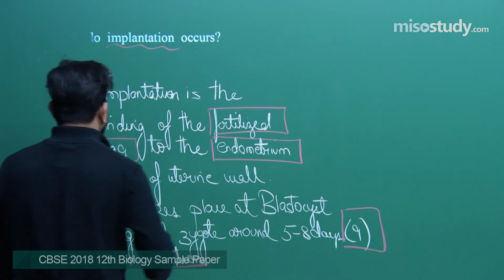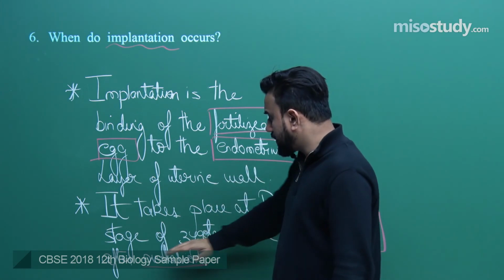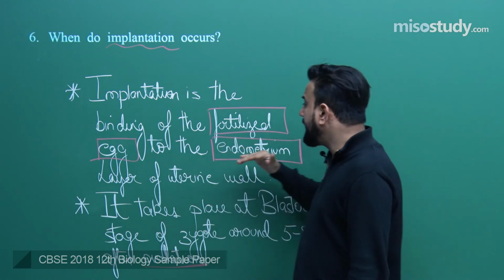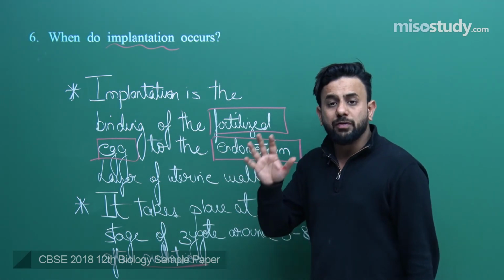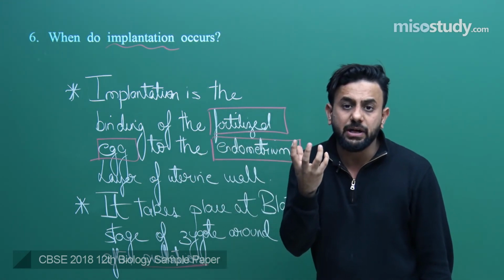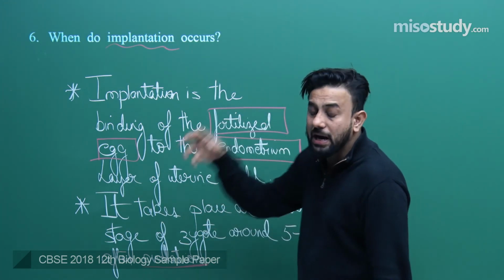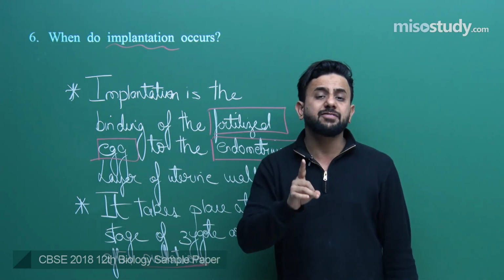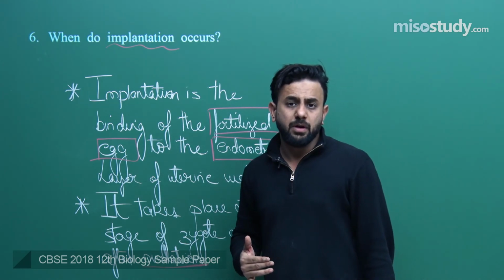So once again, implantation is the binding of the fertilized egg to the endometrium layer of the uterine wall, at the blastocyst stage of the embryo, taking place at 5 to 8 days. We call it 9 days after ovulation.